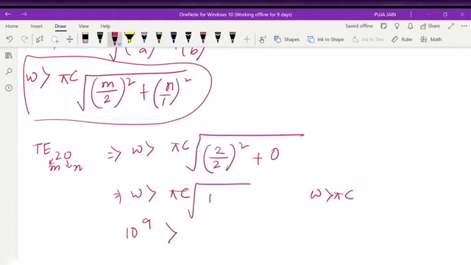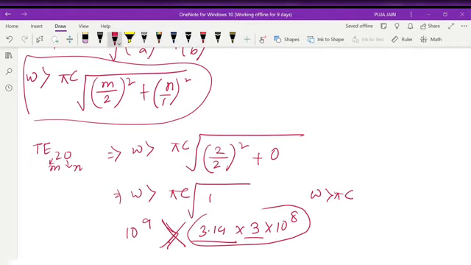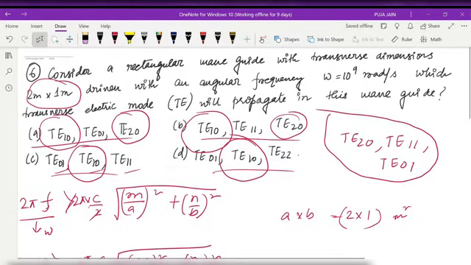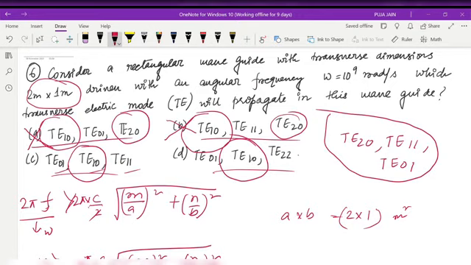Pi is 3.14 into 3 into 10 to the power 8. So 3 and 3.14, that is 9. No, this value is more. So omega is not greater than, so TE20 is not acceptable. So options where TE20 is there, those options are wrong and cancelled. So you understood how to proceed with the question. First analyze the options. Analyzing options is very important.